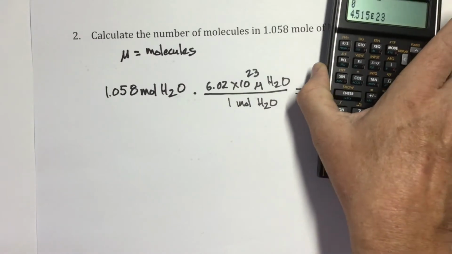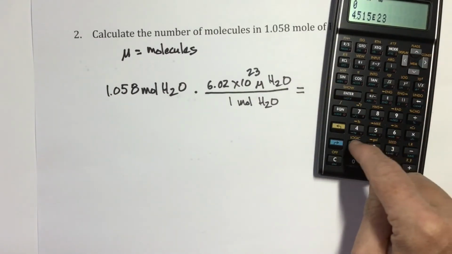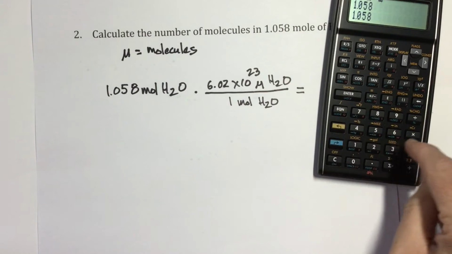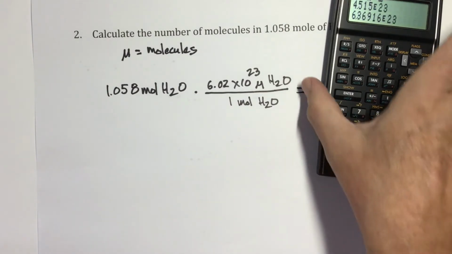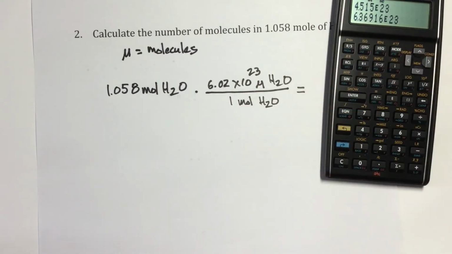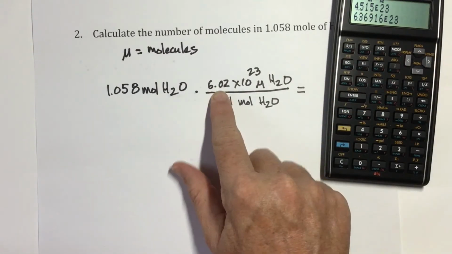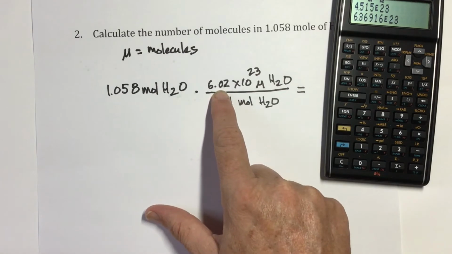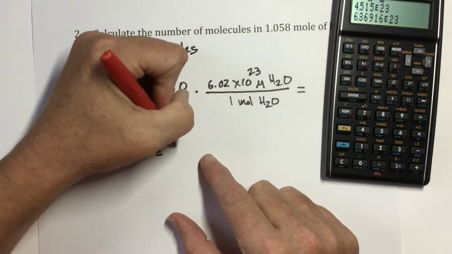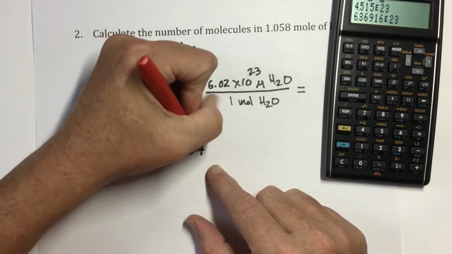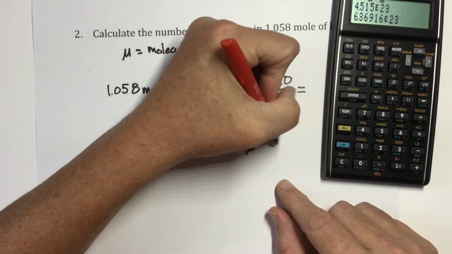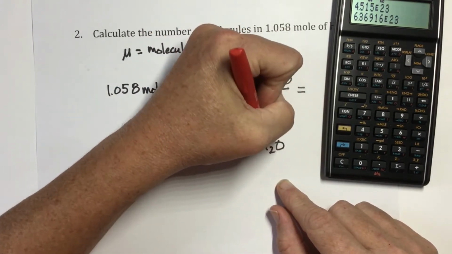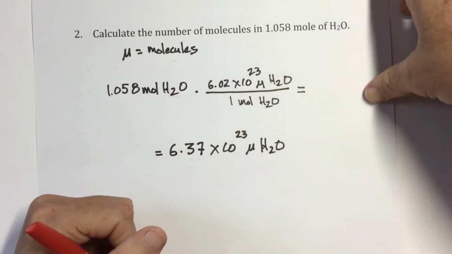I'm left with molecules of H2O. So let's say 1.058, enter, 6.02, 10 to the 23rd, multiply those. Now my calculator gives me 6.3691. I should have 3 significant figures, so I will round that to 6.37. 6.37 times 10 to the 23rd molecules H2O. There we go. Number 2.